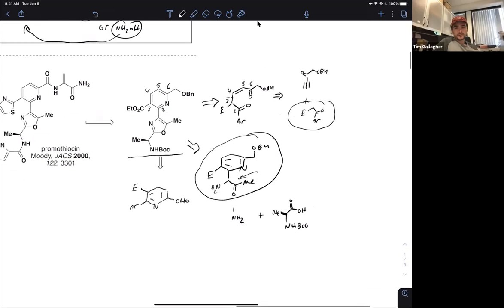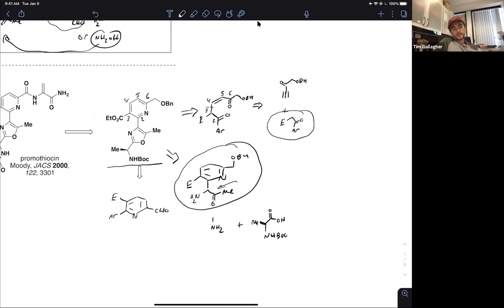Phil, just a logistical question on that. Like that intermediate that you drew in the top right, that beta keto ester, is this also amenable to the Cronky? Like if you just condense formaldehyde and instead of starting with that alkyne, start with the pyridinium salt?